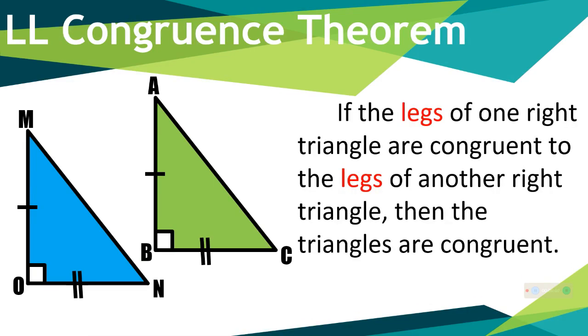It states that if the legs of one right triangle are congruent to the legs of another right triangle, then the triangles are congruent. We have tick marks on segment MO and segment ON, and also on segment AB and segment BC. Again, that is the LL congruence theorem, leg-leg.